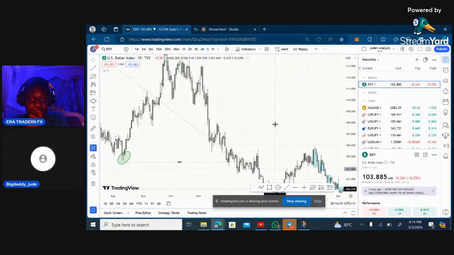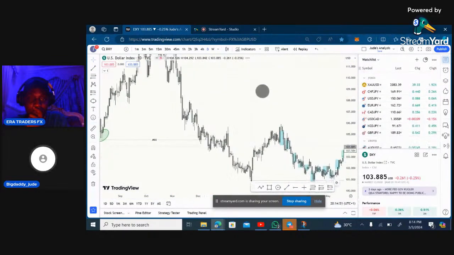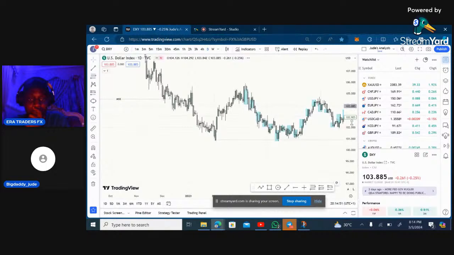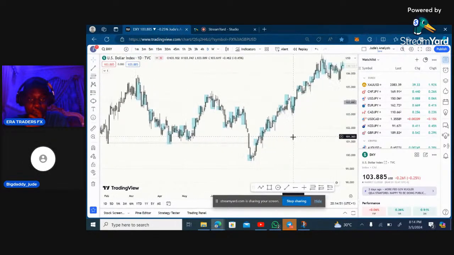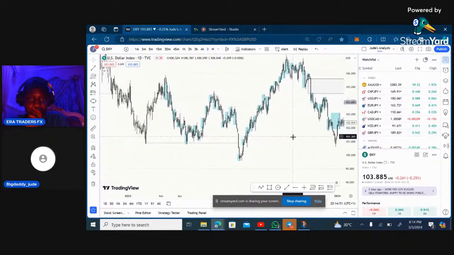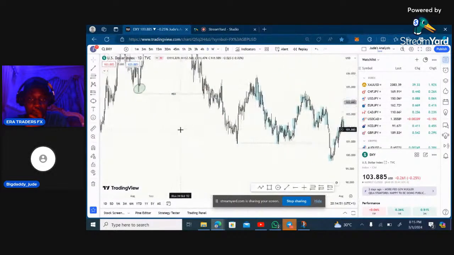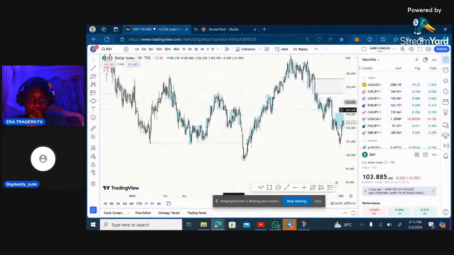So I was seeing a series of lower lows, lower highs, lower lows being formed. Low was taken out. Now I don't expect the highs to be taken out, right? Since I have a market structure shift for a bearish market, I expect only the lows to be taken out.